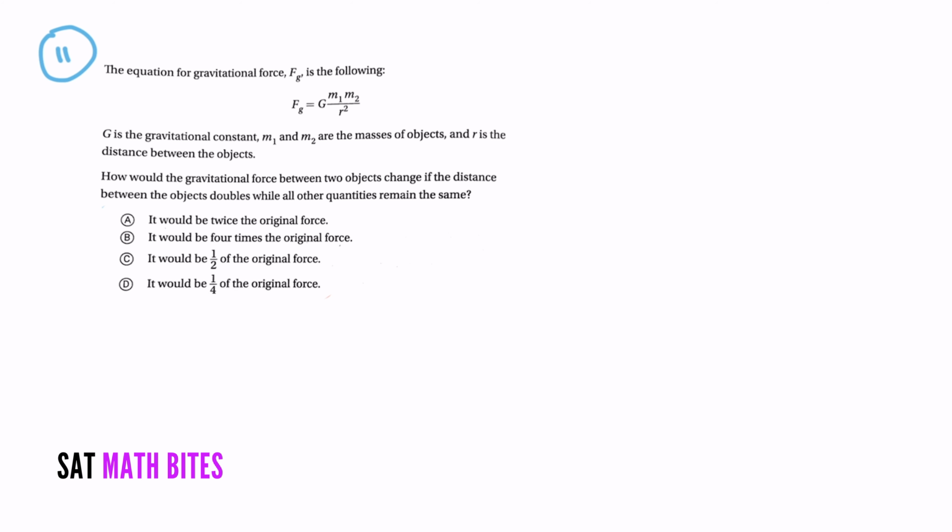In number 11, we're given an equation representing the gravitational force, and r is the distance between the objects. And we're asked what happens if everything stays the same, but the distance between the objects doubles. So if we think about it, we have the original, which is g times m1, m2 over r squared.